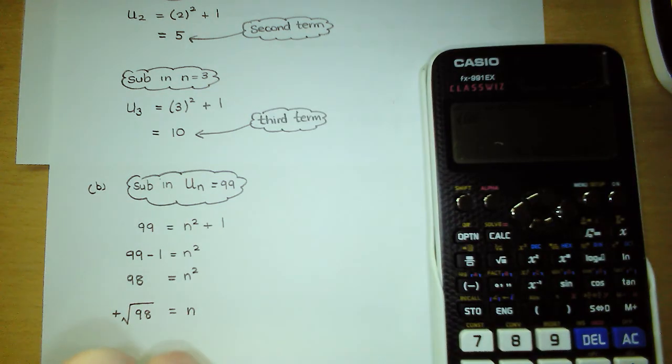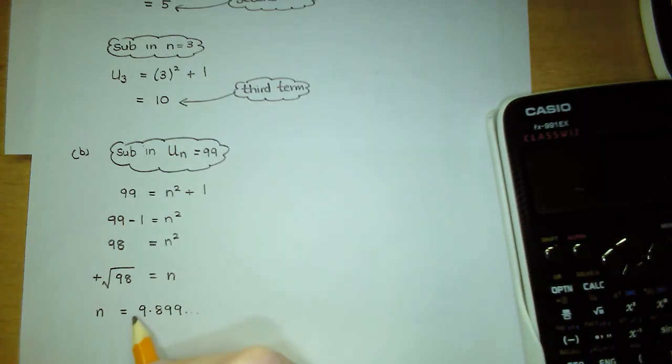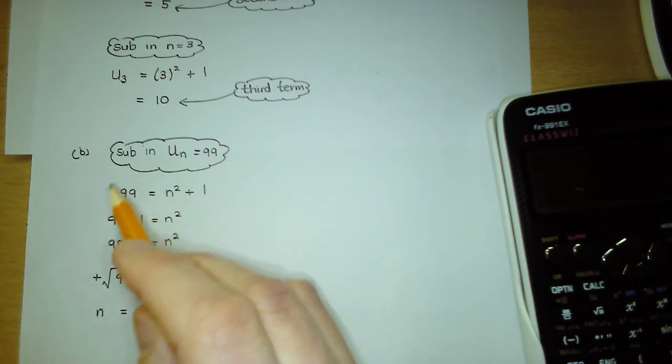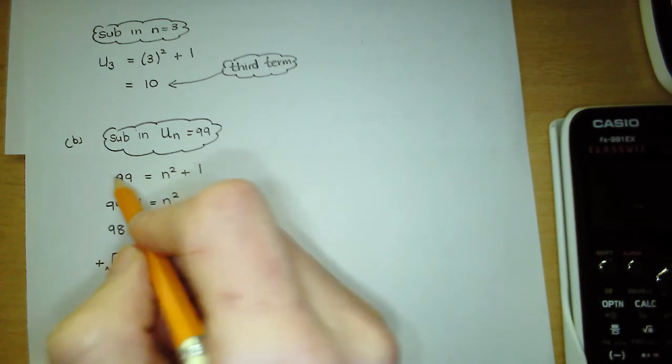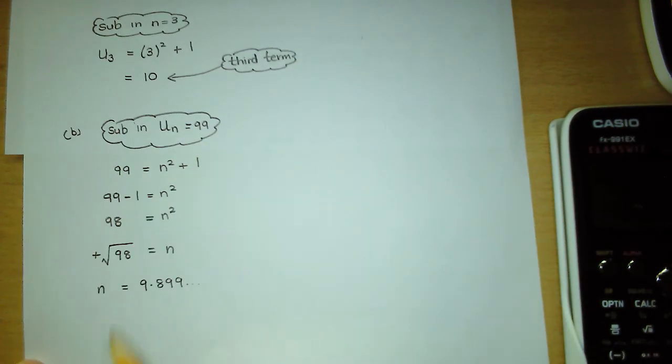So we get n equals 9.899. So n is not a whole number. Yes, it is positive, but it's not a whole number. So because the term number is not a whole number, that means 99 can't be a term value. If 99 was a term value, then its term number would be a whole number.